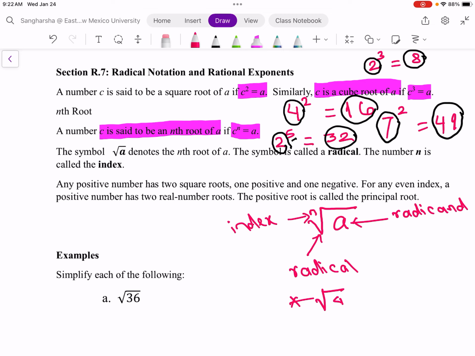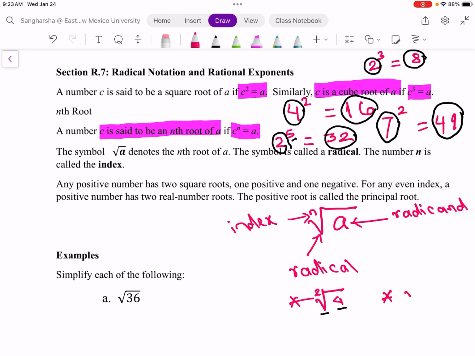In general, the index for the square root we do not write, though if you write it, it's not wrong. So if you have a square root, your index is 2, this is the radical symbol, and whatever you have under the radical symbol, 4, is the radicand.